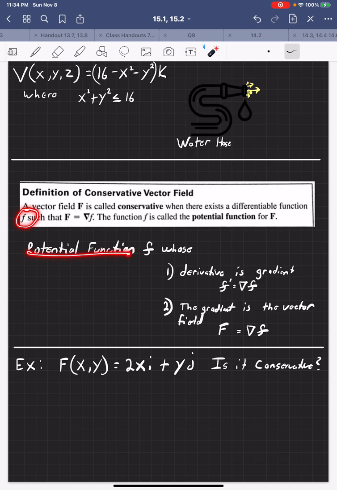And basically what we're saying is, in order to make the statement that it is a conservative vector field, the gradient of f is equal to the vector field.